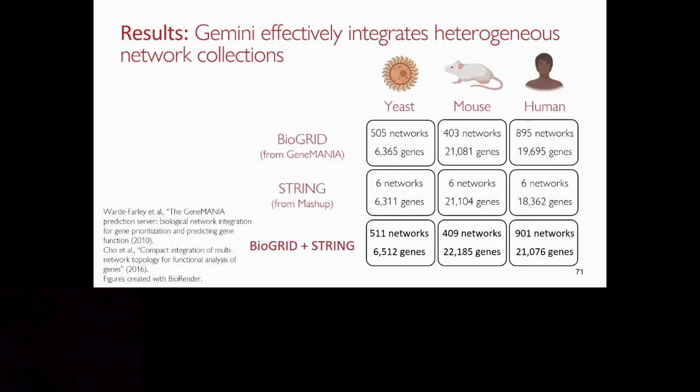And so now we have this third row where we have this combined network. We take the union of the gene sets from both STRING and BioGRID, and we're still going to have hundreds of networks because the number of networks is dominated by BioGRID here.